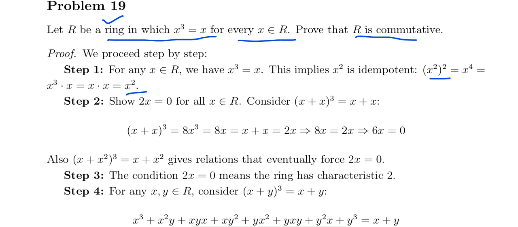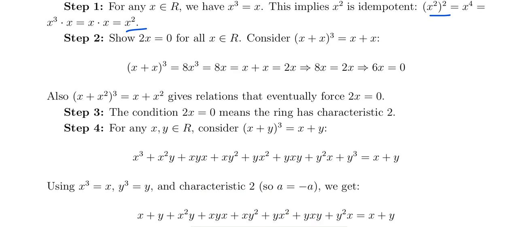That means x plus x square. Therefore 2x equal to 0. And x plus x square whole cube equals x plus x square. The relation eventually is equivalent to 2x equal to 0.